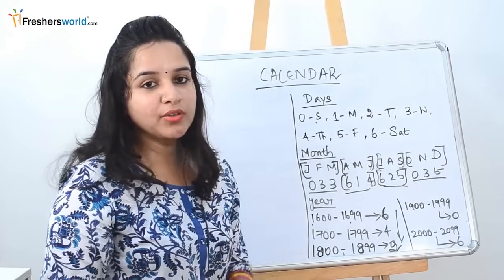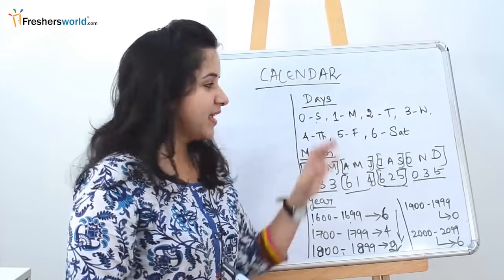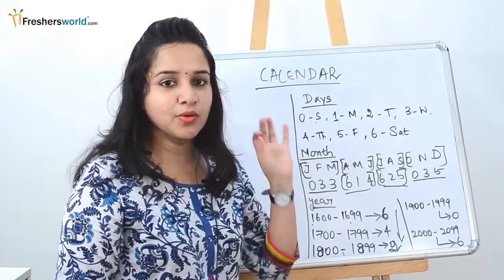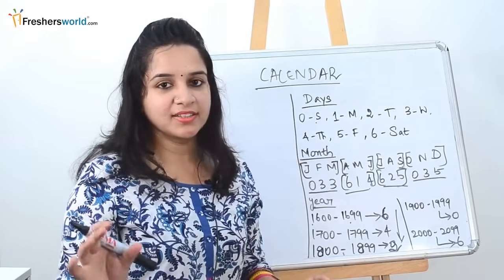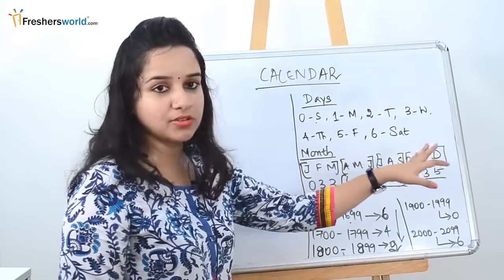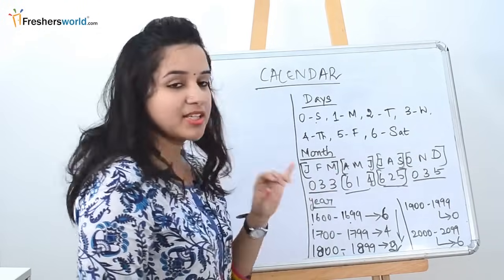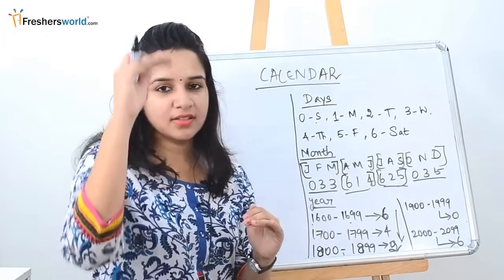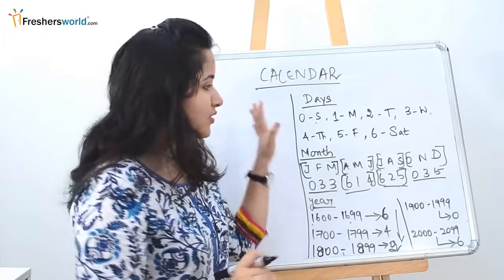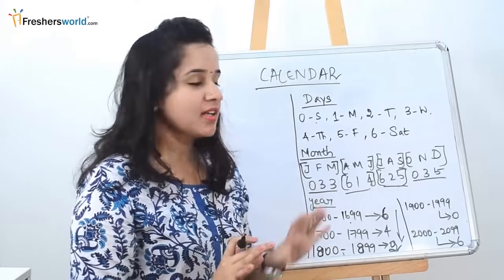So for days, from Sunday to Saturday it is 0 to 6. For months, remember the first 3 and last 3, then fill the middle from Jan to December. For years, from 1600 till 2099 it is 6, 4, 2 and 0, 6. Remember these codes for solving calendar problems.